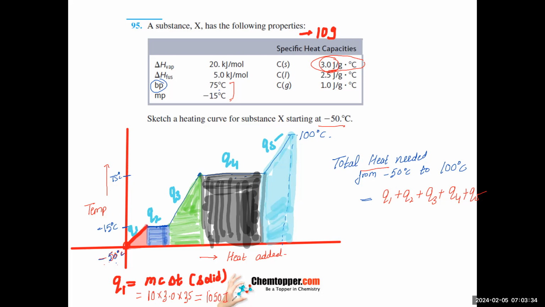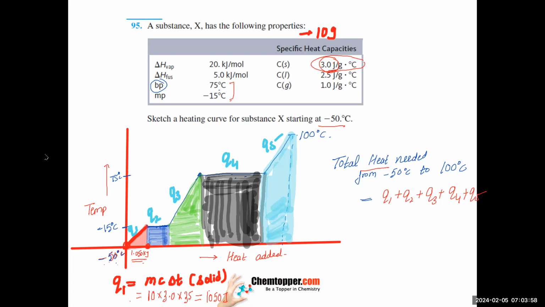It's not per mole, right? It's Q. It's not delta H, it's Q. So this is 1050 joules, which I can write in kilojoules as 1.050 kilojoules. I can write like this up to this red point.